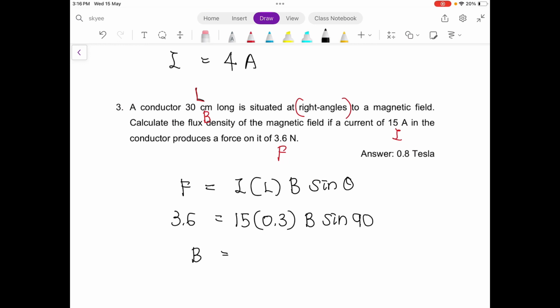So your B will be 3.6 divided by 15 multiplied by 0.3. Okay, so you get 0.8 Tesla. Alright, it's very easy.